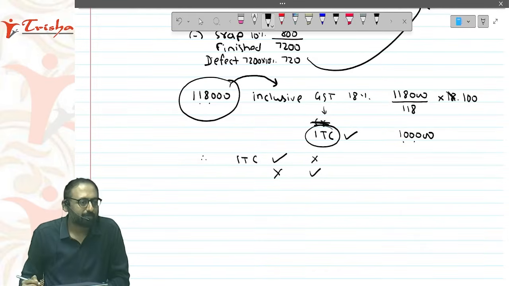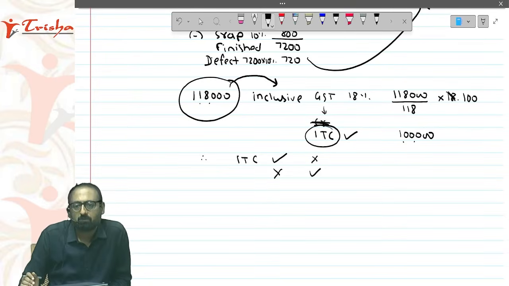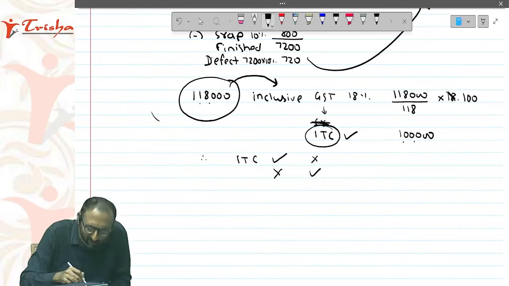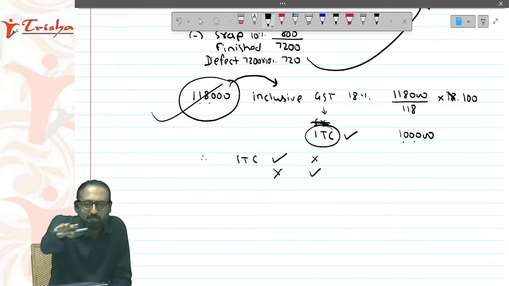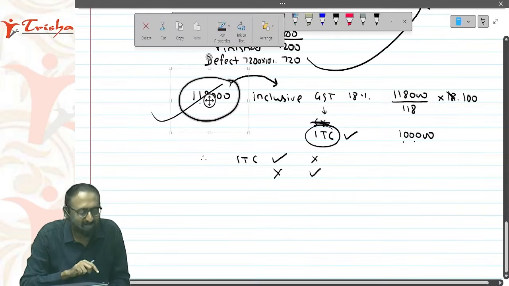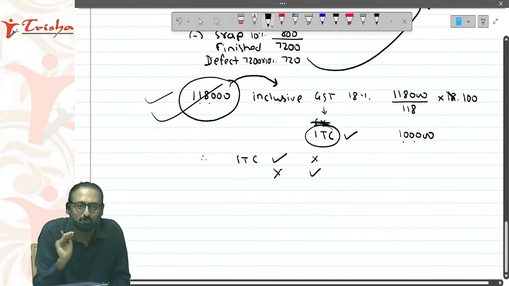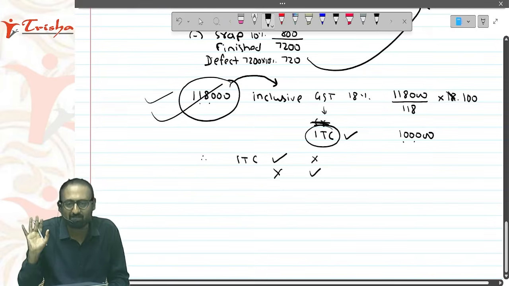1 lakh. Correct? If ITC is not available in this question, then you will directly record at 1,18,000 inclusive of the GST. Correct, boss? They have not asked this adjustment till now, inclusive of GST. In one RTP they asked this.